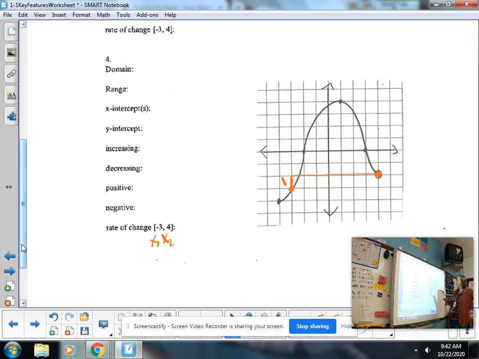So I'm going to rise 1, and I'm running 1, 2, 3, 4, 5, 6, 7. So my slope is rise over run, which means my rate of change is 1 over 7. So that's how you would do rate of change if you have something that's not 0. They won't always be 0. This is an example of one that is not. So really you're finding the slope of that line that connects them.